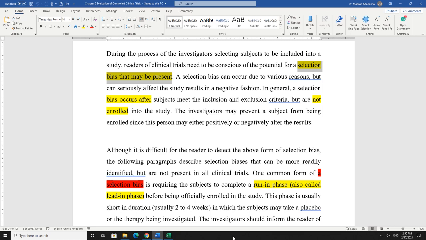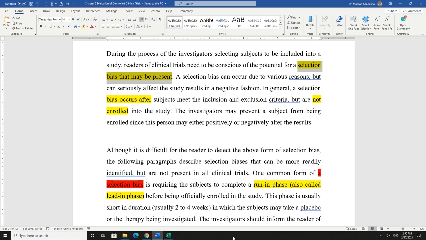Okay, you did not like some subjects, فهنا راح يصير عندنا selection bias because they met the inclusion criteria, but you removed them. And you removed them, why? This is the big question that can really tell you whether there is a selection bias or not.